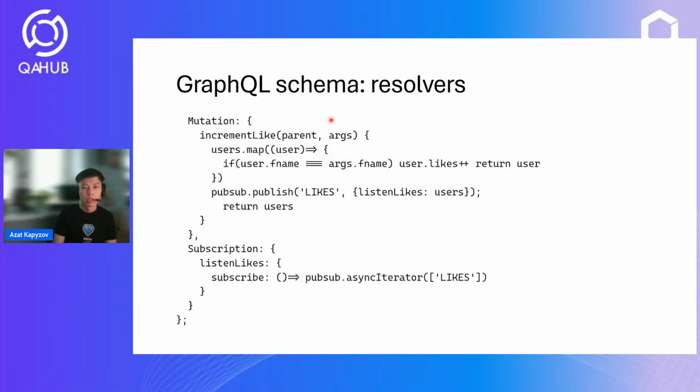The same is for mutations. For example, here we have a mutation called increment like. So it has some logic. It finds required data in the database. It makes some manipulations with data. So basically, it's just our logic, let's say.